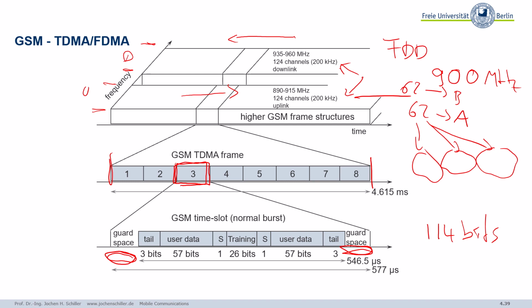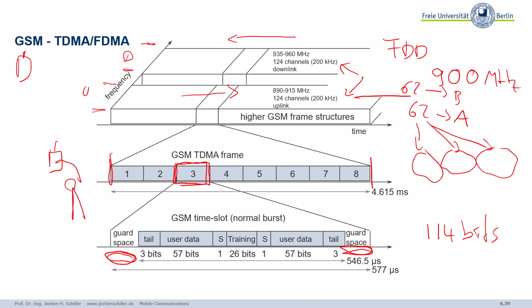So first of all, guard spaces. Why having guard spaces? Why not using the whole slot for transmitting data? Well, think of a setting where you have the BTS somewhere, and then you have a mobile station close to the BTS and one mobile station further away.